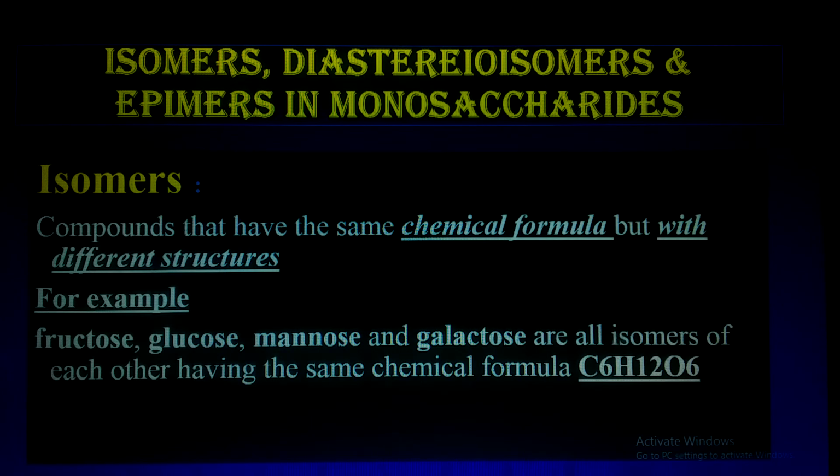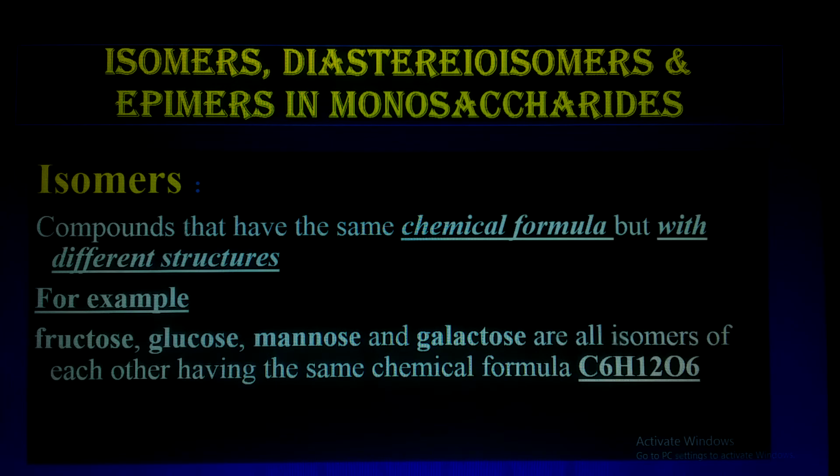First of all, the isomers. Iso means same, mers mean parts or fragments. So these are compounds that have the same chemical formula but different structures. I will show you. Like C6H12O6. This is the monosaccharide, a 6 carbon containing hexose sugar.